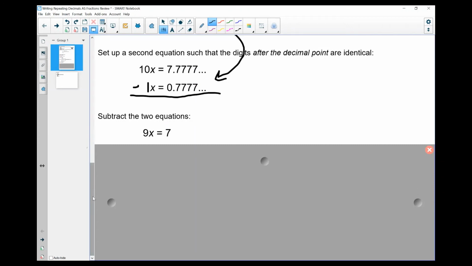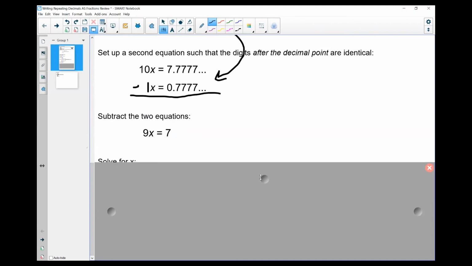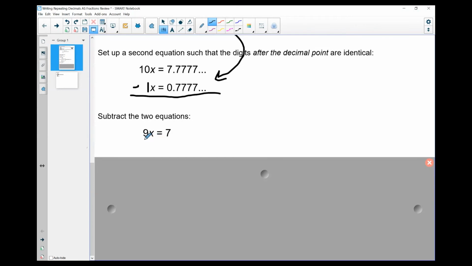So we are now down to our last step. We need to get x by itself. So we're going to divide by whatever number is here, which is 9. 9x divided by 9, that crosses out. It just gives us x.